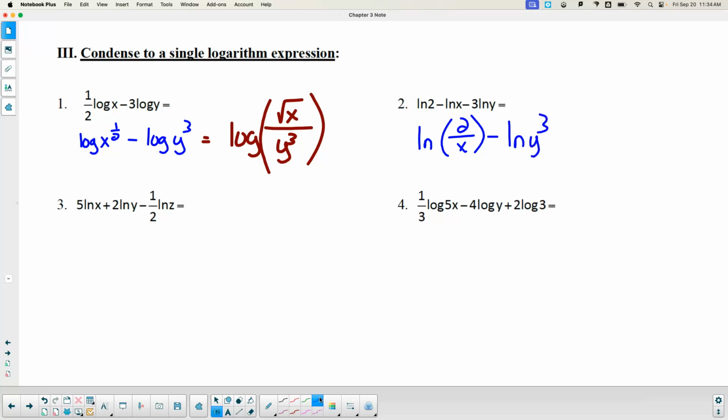Well, subtraction, does that put it on the same level or does it put it below? Puts it below, so that means it's going to be on the bottom of the existing fraction. So that means that this is going to be the natural log of 2 divided by xy cubed.